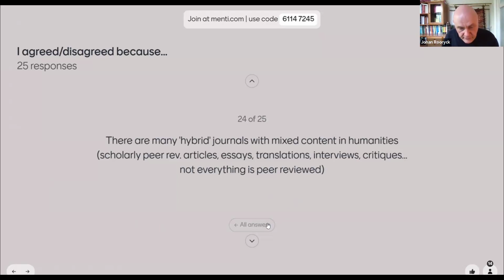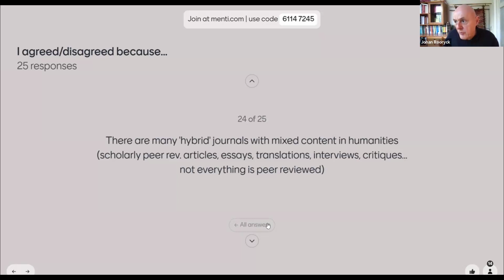Take, for instance, the notion of interview here. I cannot imagine that you publish an interview just as a transcript of what has been said without ever looking at it and without editing it for certain words, without discussing it with the interviewees. There has been some process of quality control when you publish an interview. Same with critiques.